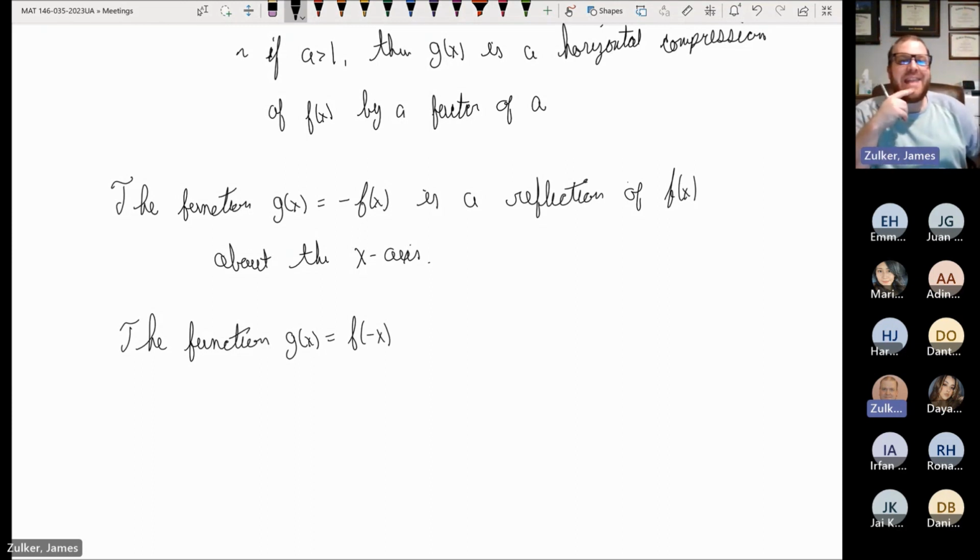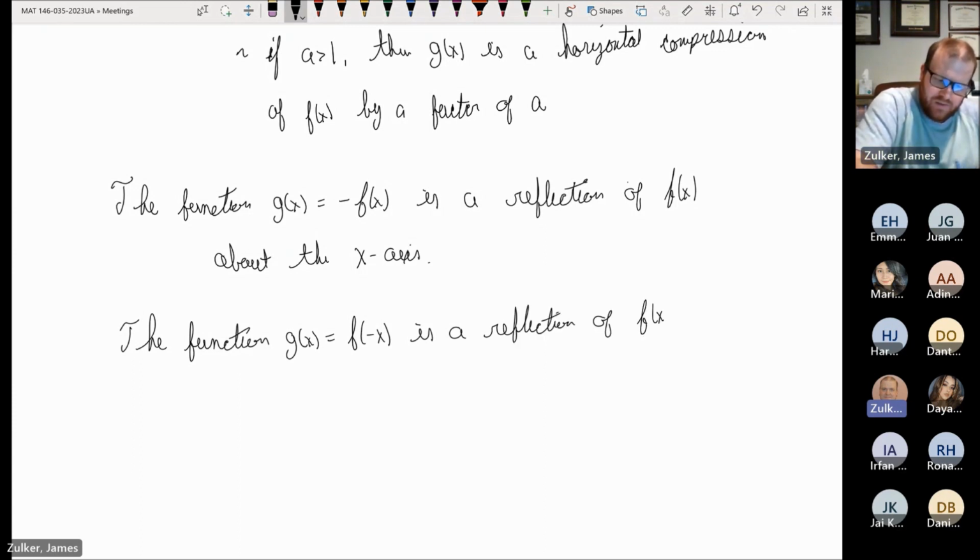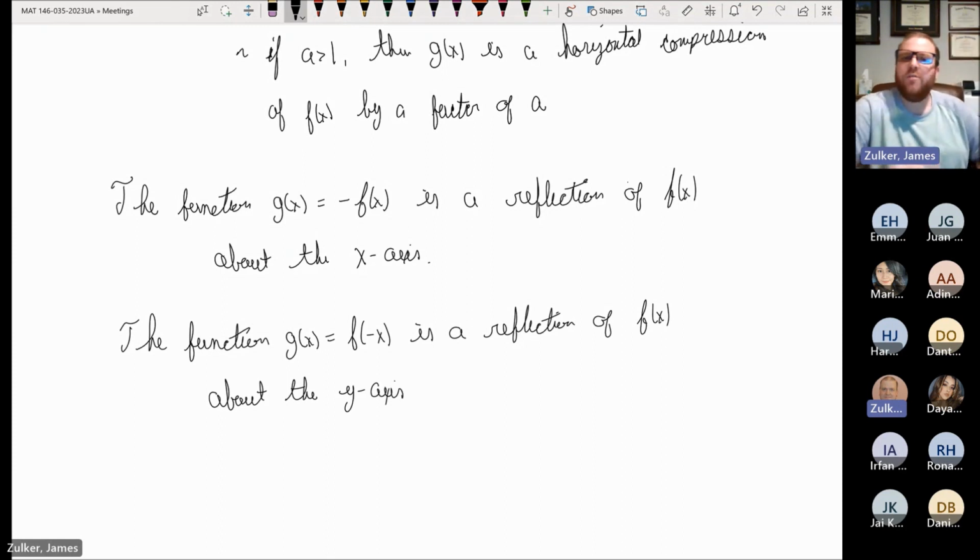The function f of negative x is a reflection of f of x about the y-axis, so it's a horizontal reflection.